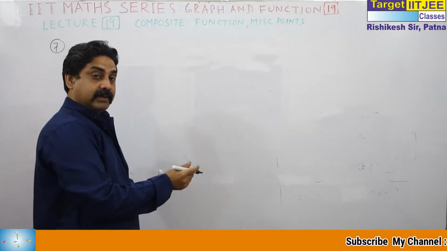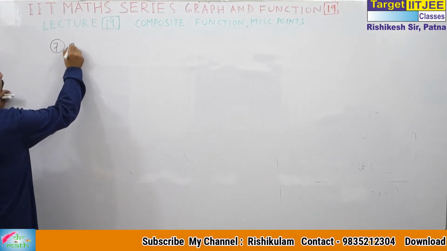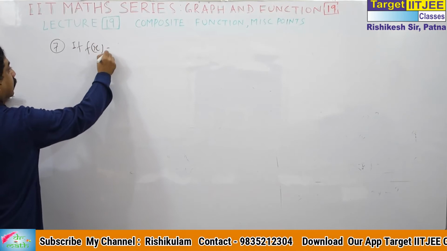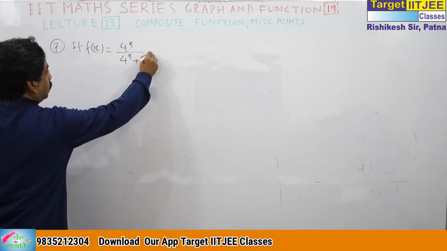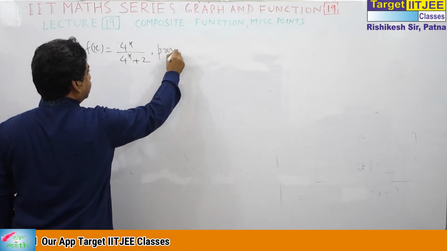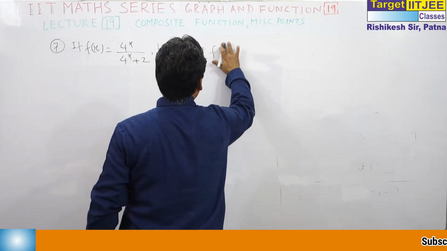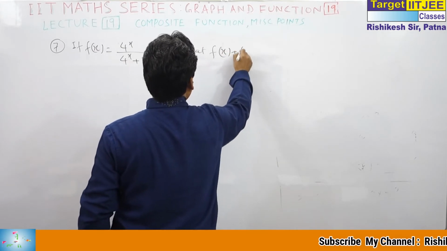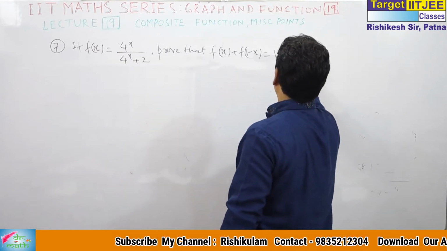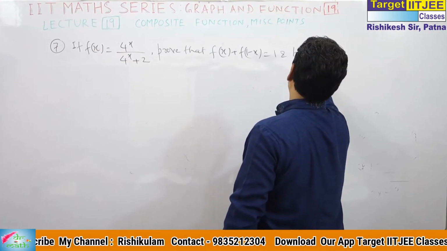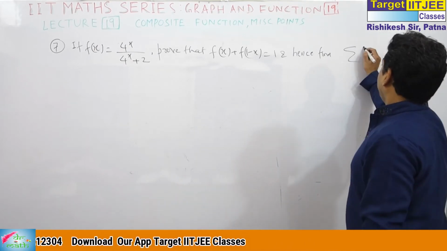That's why we can do it. The question is that if fx is equal to 4 to the power x by 4 to the power x plus 2, prove that fx plus f1 minus x is equal to 1, and hence find sigma fr.